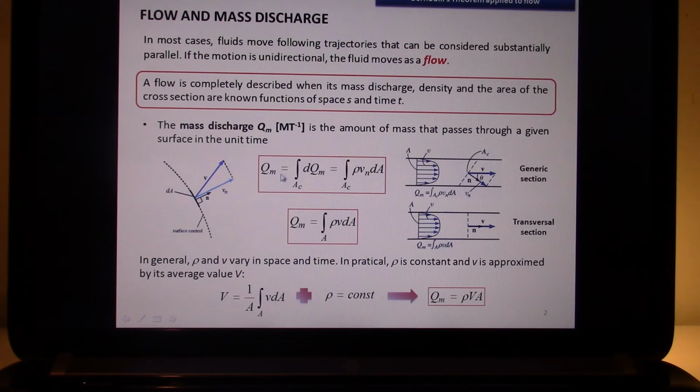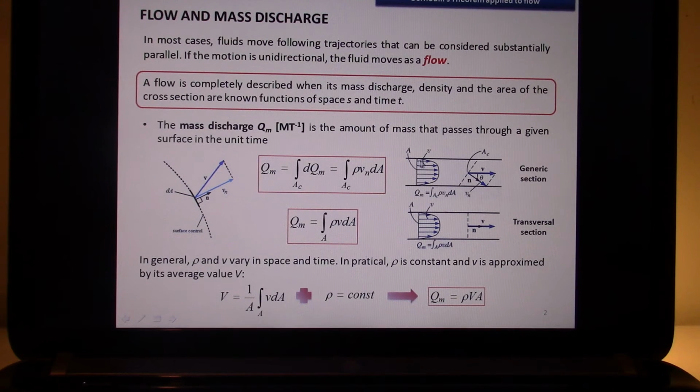Hence, the mass discharge is defined as the integral on the generic section of dQm, which is again the integral on the generic section of the density of the flow, ρ, the normal velocity of the flow to the generic section, and finally the infinitesimal area.